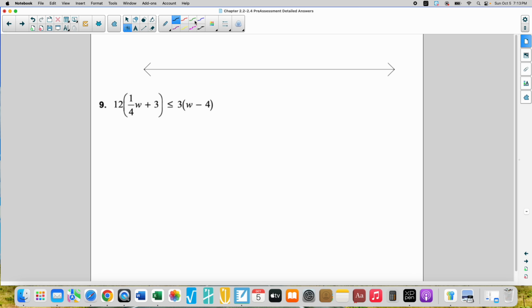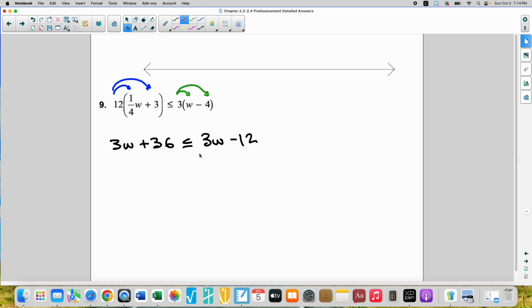So let's do this. Let's distribute. We have to simplify both sides. We'll distribute both numbers. 12 times 1/4 w gives me 3w. And then we take the 12 and multiply by 3, which is 36, is less than or equal to 3w minus 12.